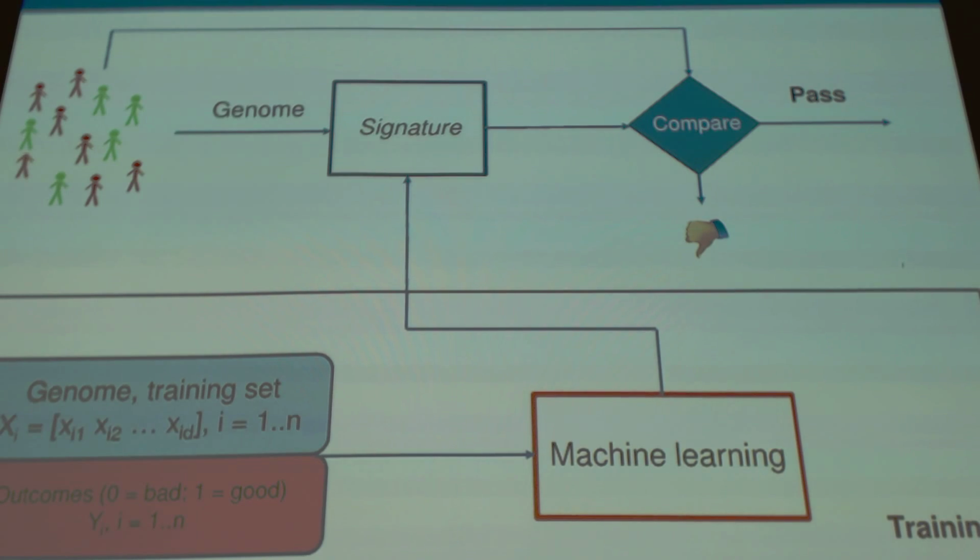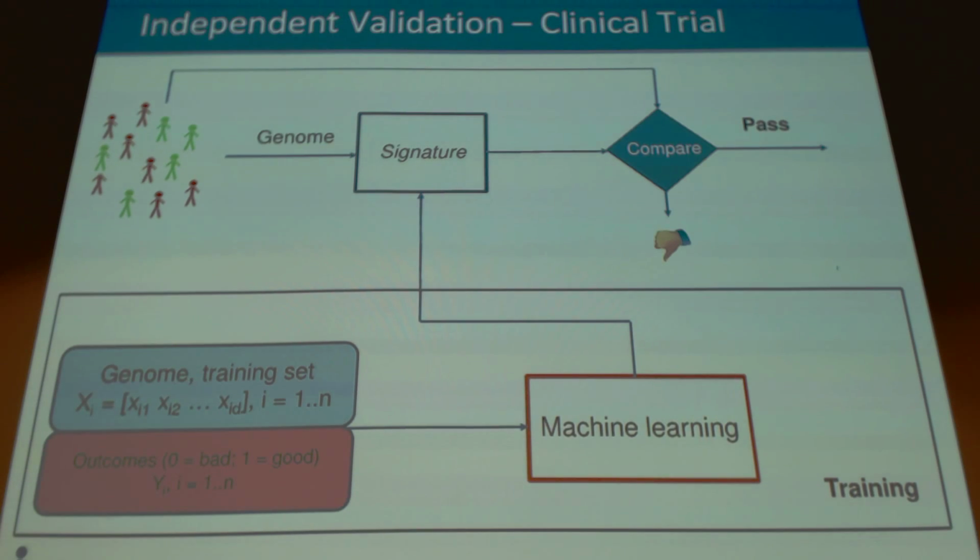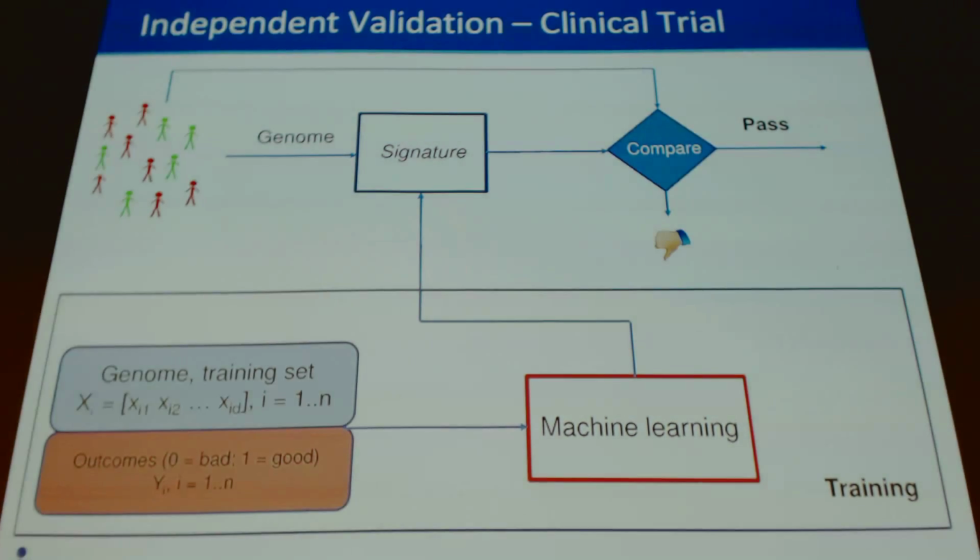So then the question is, how do you prove, once you built your classifier, that it actually works? For that you need to run an independent clinical trial. You have a fixed classifier which predicts outcome, that was built using this box here. You've already seen this. This is classic machine learning stuff.